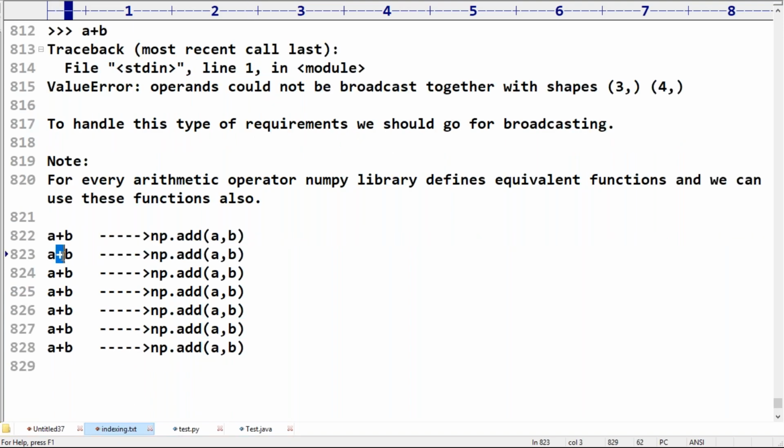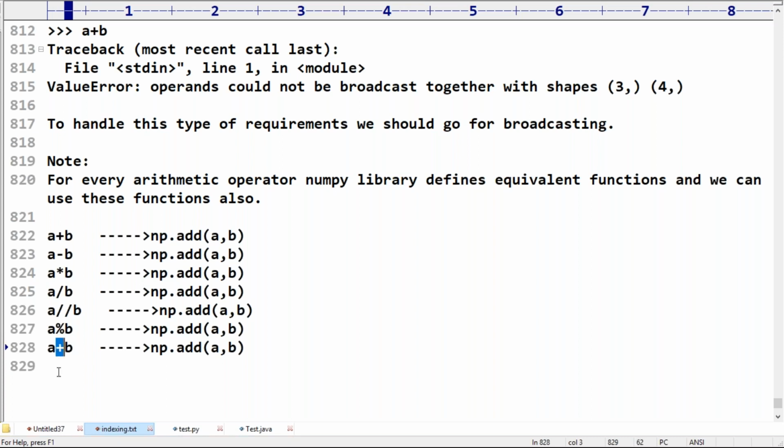So a minus b is there, multiplication is there, division is there, floor division is there, modulo is there, and power is there.